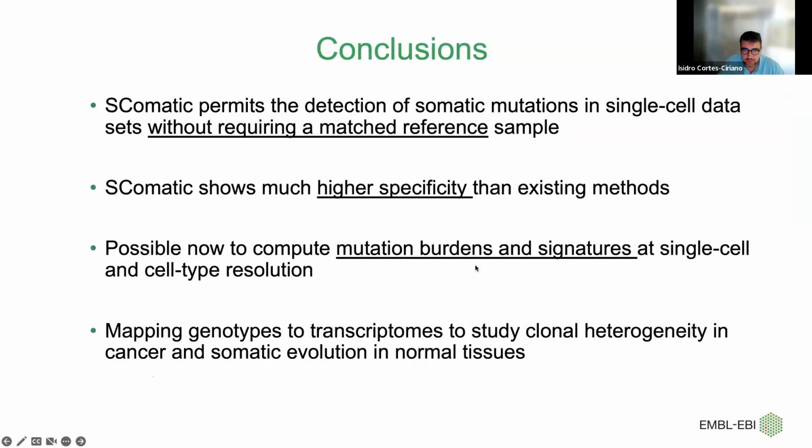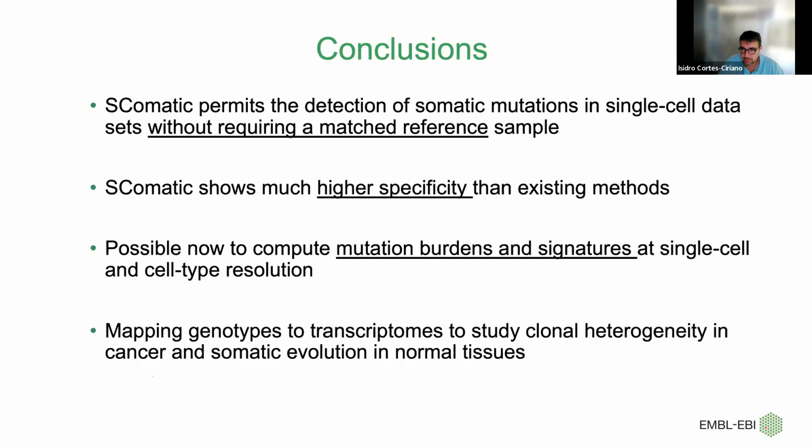And so in terms of conclusions, I would like to highlight that Schematic is a tool that permits detecting somatic mutations in single cell datasets without requiring a matched reference sample. And this is really one of the key features that sets Schematic apart from other tools. We've shown that Schematic has high specificity, much higher than existing methods.